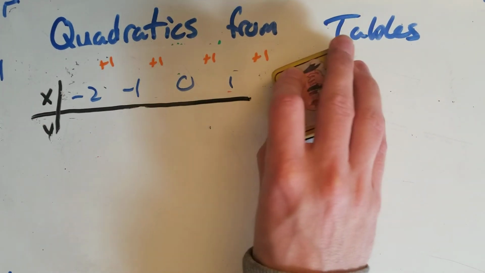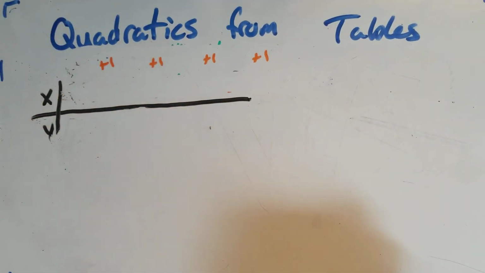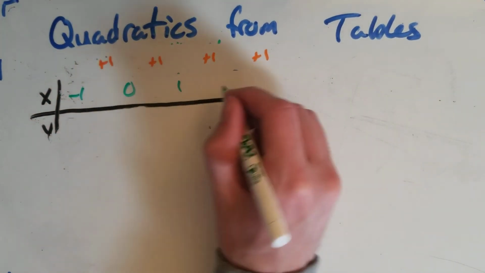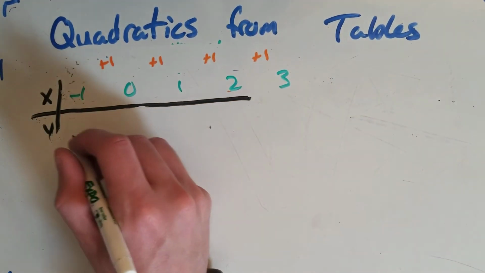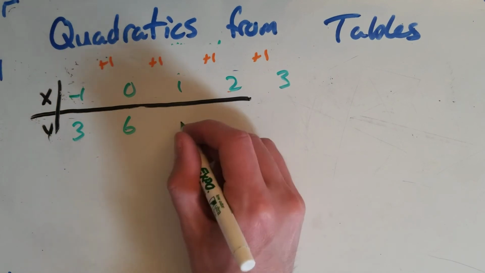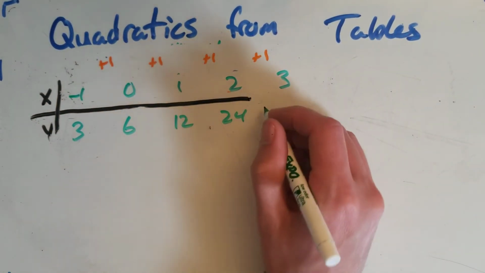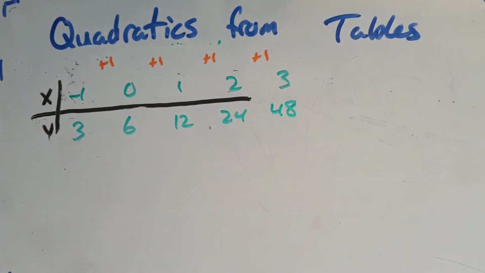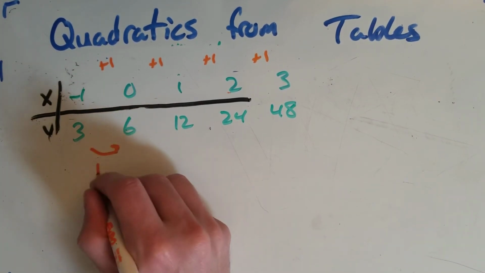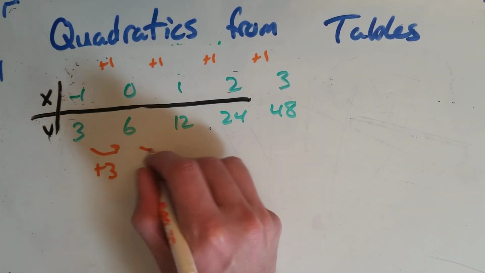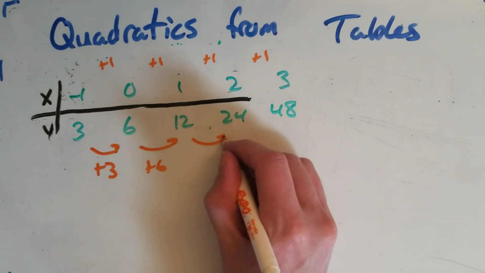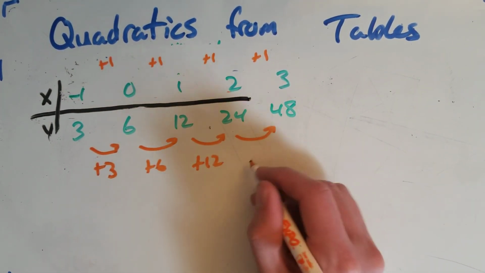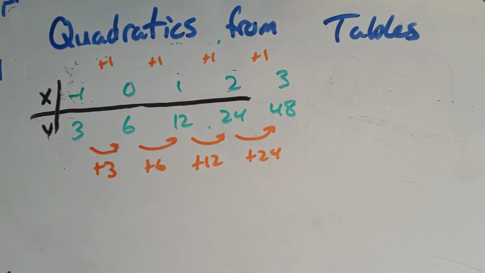And our last one that we'll do will be that red one. So the red one, we have -1, 0, 1, 2, and 3. And we go 3, 6, 12, 24, and 48. So if we check the first difference, we have +3, +6, +12, +24.